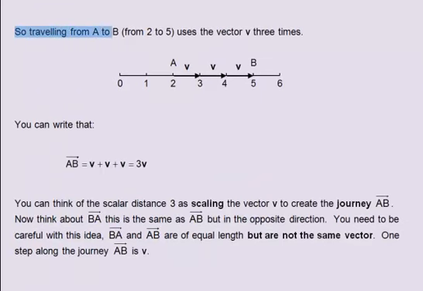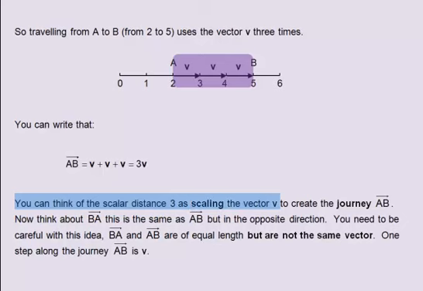So travelling from A to B, from 2 to 5, uses the vector v 3 times. Like this. You can write that AB equals v plus v plus v, which equals 3v. You can think of the scalar distance 3 as scaling the vector v to create the journey AB.